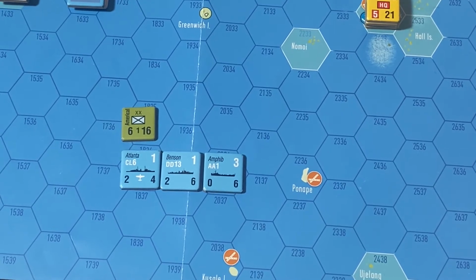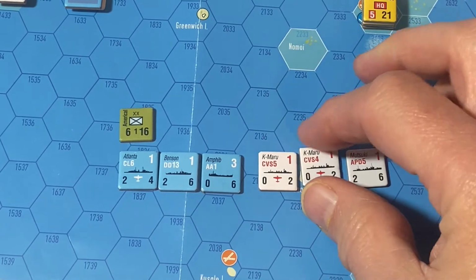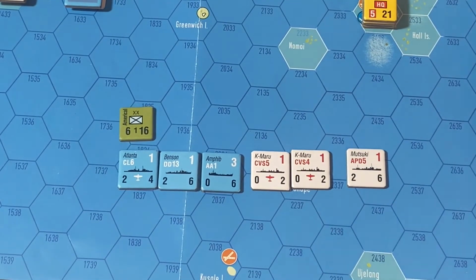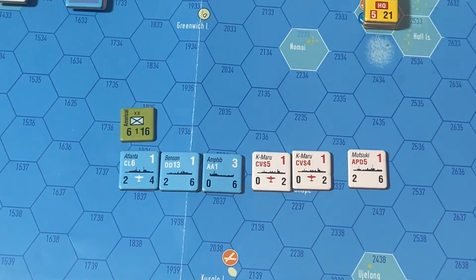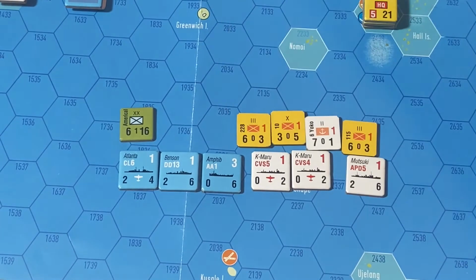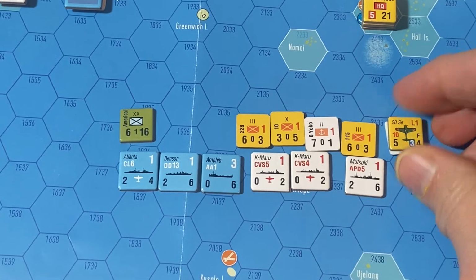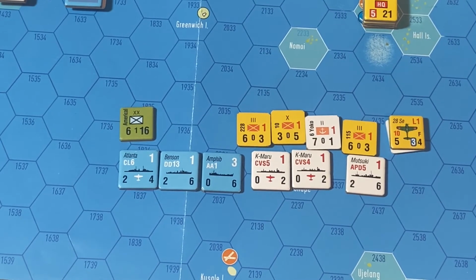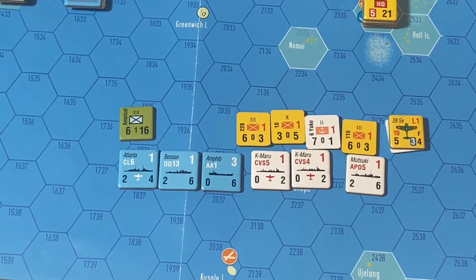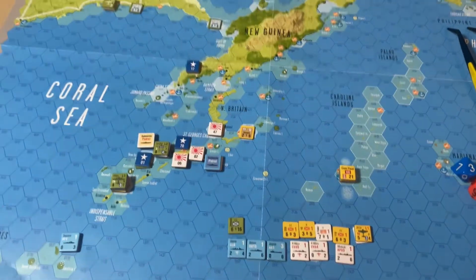And the Japanese, of course, lost the 2 CBSs earlier, and the APD with a regiment on it, and these are ones they've lost in ground combat. And they no longer have a fighter plane on that base in the area, so it's kind of a tough situation for the Japanese considering the number of command points they have.